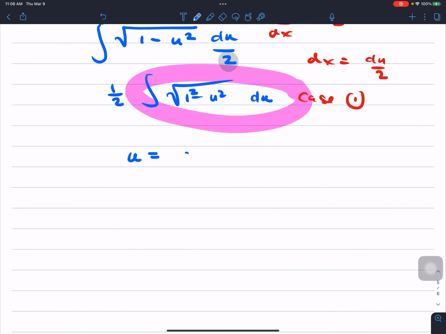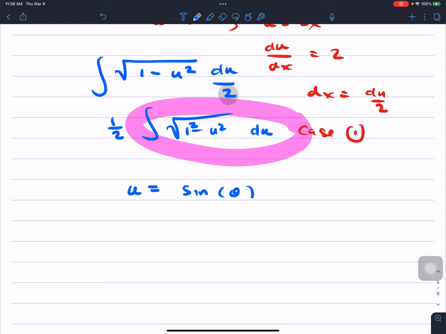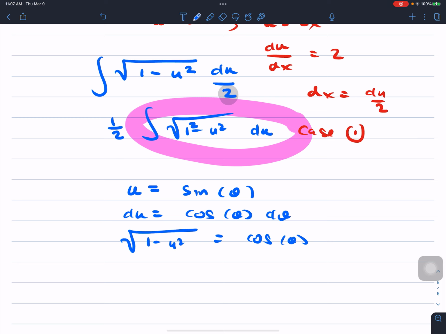So u is sine theta. And then what do you think du will be? du is cosine theta d theta. What is the radical of 1 minus u squared going to be? That's going to be cosine theta. This is the trig substitution. Trig sub. This is the name of our technique.